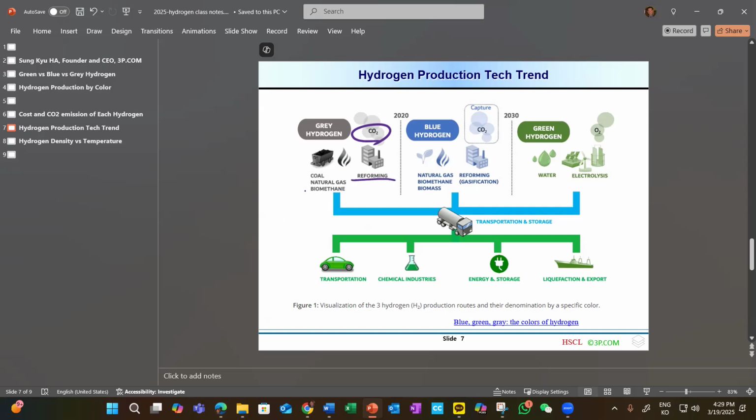We are using the reforming of CH4, and now this CO2 needs to be captured by CCS methods. There is a lot of technology being developed to capture this CO2. So this is much cleaner than gray, but natural gas is still the main source of energy.